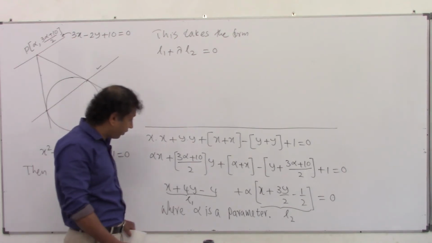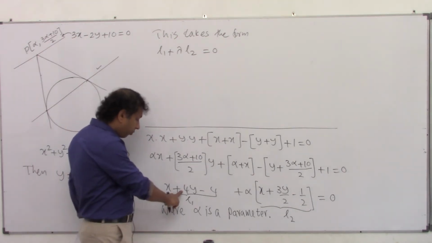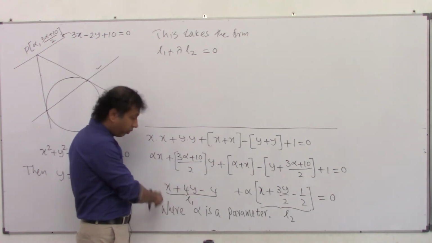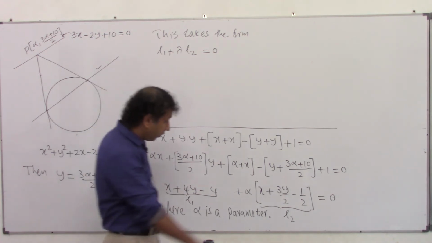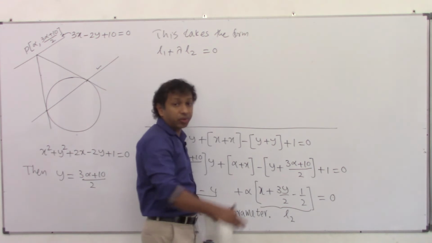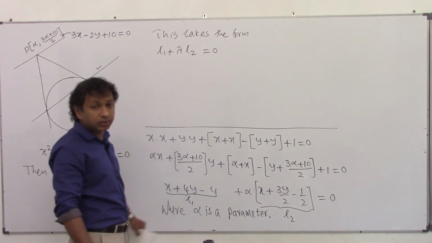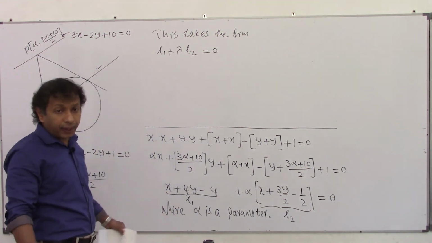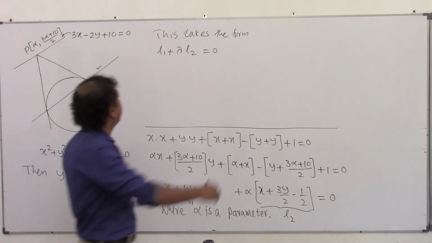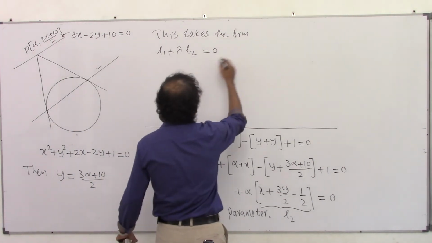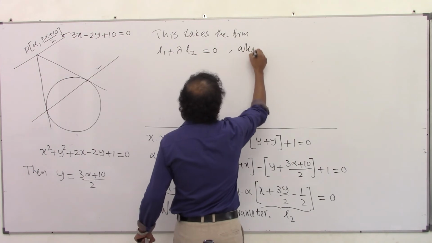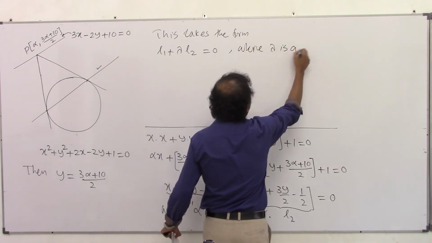Very obviously, the gradient of this line is minus 1 upon 4, different from the other. The gradients are not equal, therefore definitely the lines intersect each other.